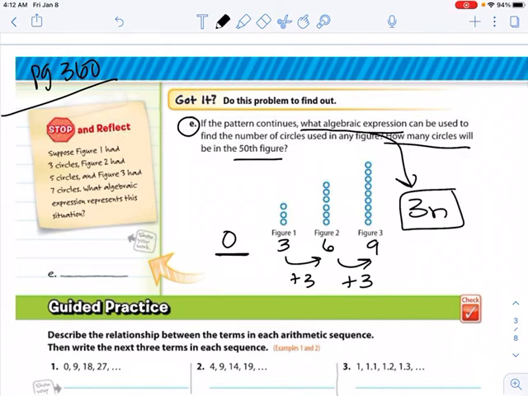And then to find the number of circles in the 50th figure, we're just going to multiply 3 times 50, and that would be 150. So the great thing about being able to write an algebraic expression is that we can quickly determine how many circles would be in the 50th figure without having to draw out all of those circles. That's a lot of work.